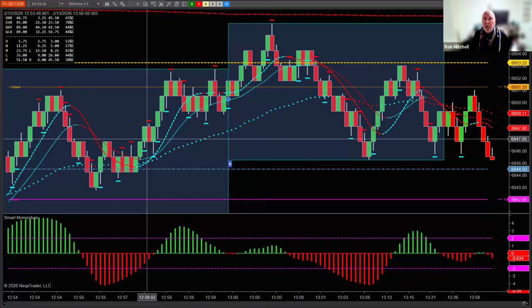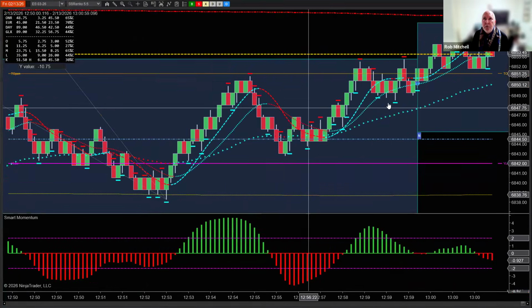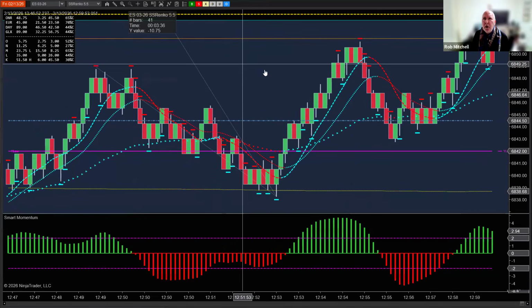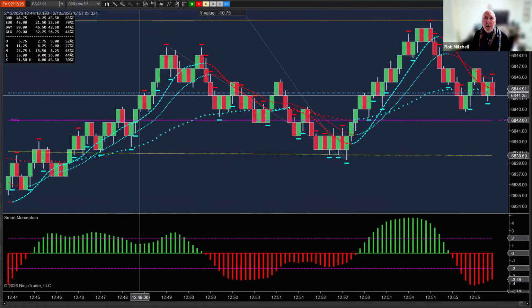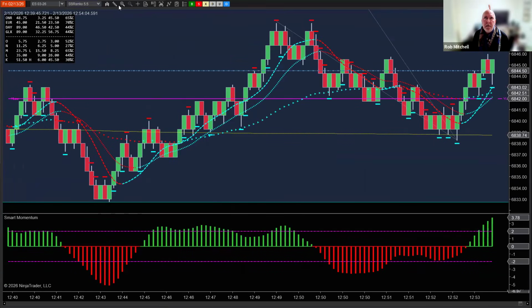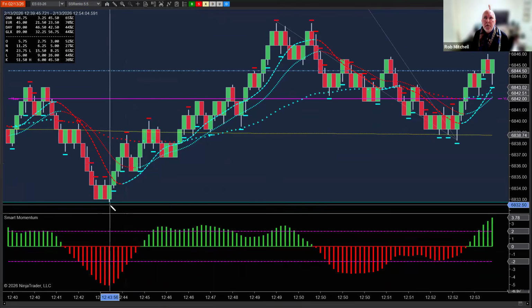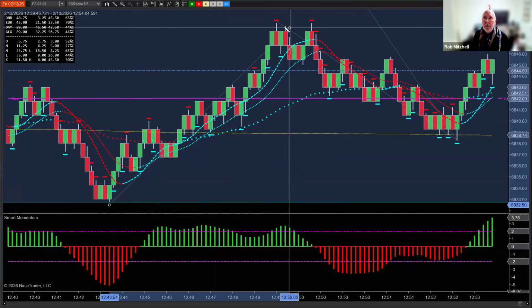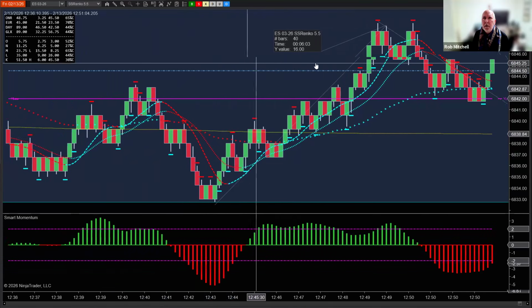Let's take a look at this chart here. The way you scale an indicator to a chart: you look at the chart, however many bars you are using, and in NinjaTrader you can use the ruler just to measure the distance. You can see that's 40.